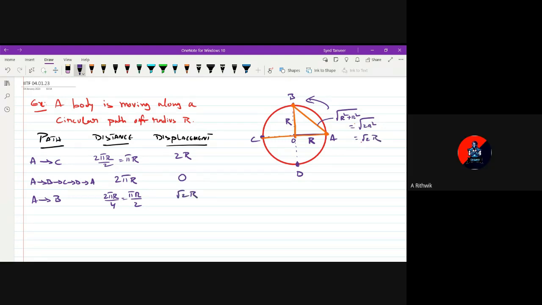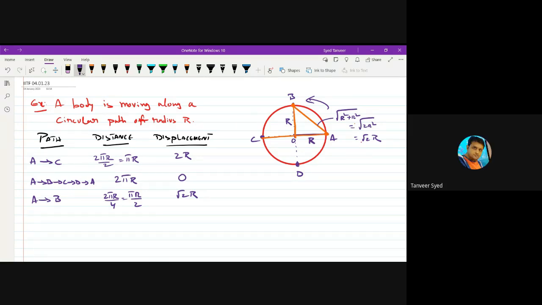Sir, how did we get the displacement of the first answer, A to C? What is the definition of displacement? The shortest way from the initial point to the final point. What is the initial point here? A, sir.